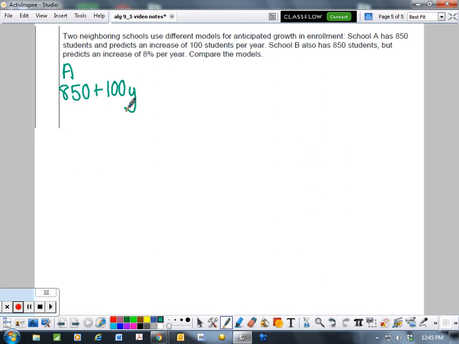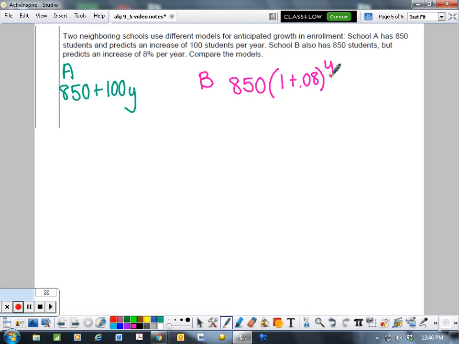Okay, now School B also has 850 students, but they predict an increase of 8% a year. So I'm going to keep my original value of 850 and I'm going to add 8%, oops, I forgot my 0, 8% for every year.